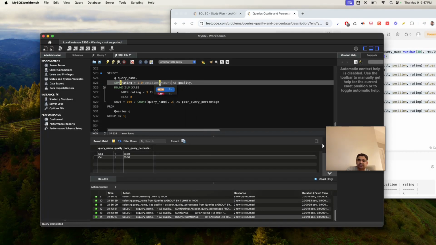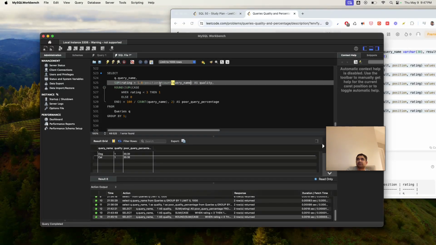So the next thing I need to count the number of, okay, here there is a real problem. So count query name. Okay, count query name.